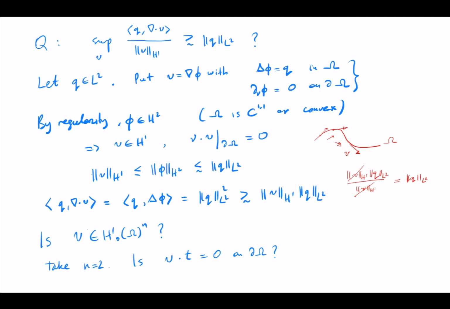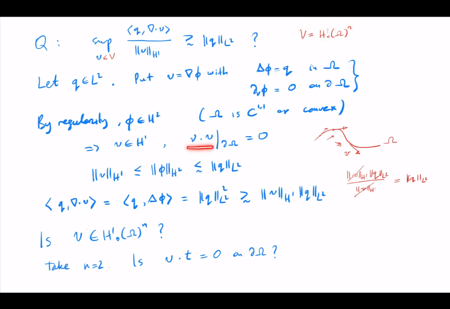But what do we need? So let's actually see what is here. Right here, V is actually in V, right? And what is this space V? V is just H1 vector fields with 0 boundary condition.